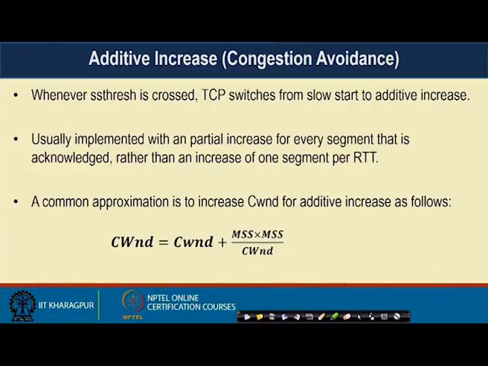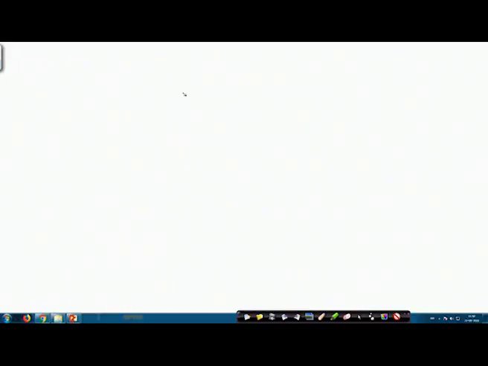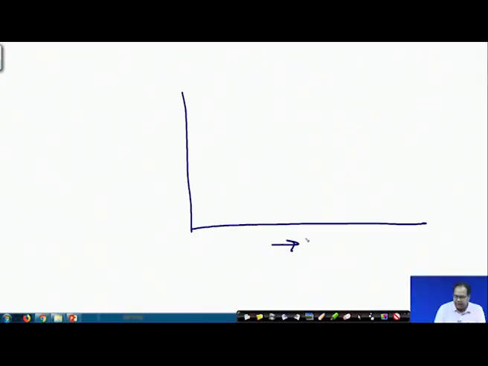Let me try to explain it with a diagram. On this axis I have the time, and on this axis I am plotting the congestion window.